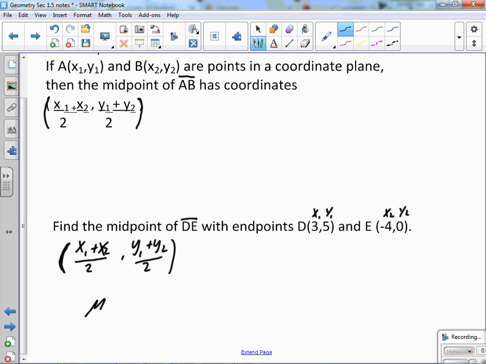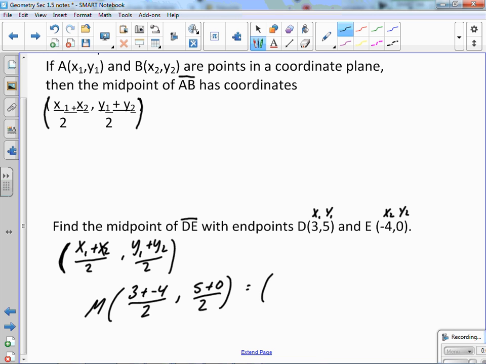So our midpoint is going to be the x1 plus x2, which is 3 plus negative 4 over 2. And then the y1 plus the y2, which is going to be 5 plus 0 over 2.